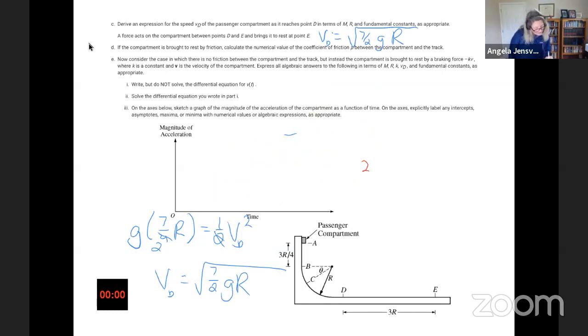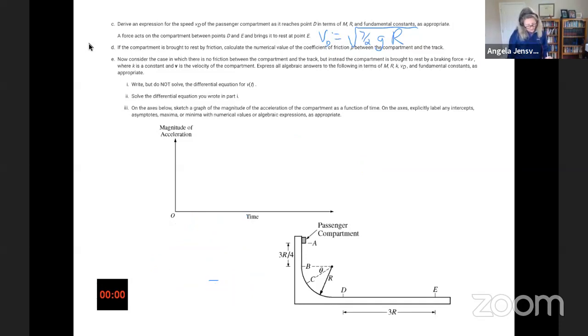And then the next question is to get the coefficient of static friction. When the block goes from D to E, it just completely stops when it gets to E. So let's do that using the same equation, right? Work done by other forces minus kinetic friction times D is equal to change in kinetic energy.